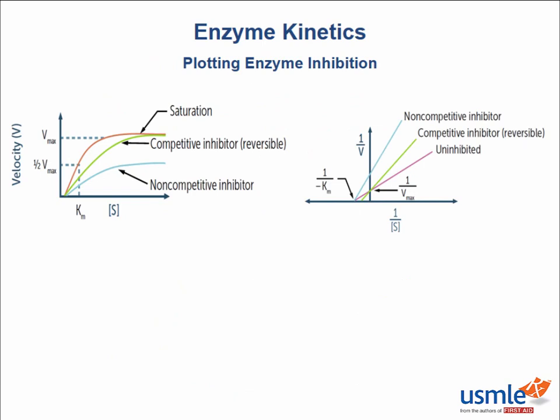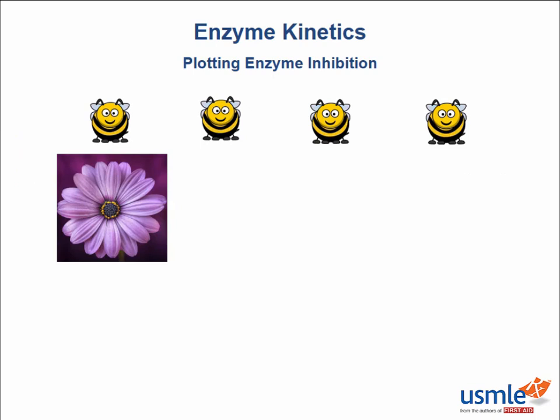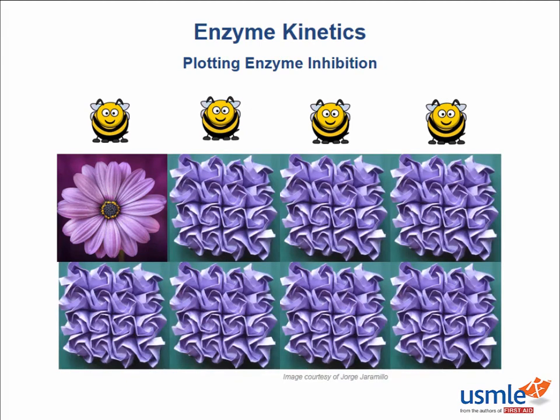Taking a look at our reversible competitive inhibitor first, why does the Km increase but the Vmax remain unchanged? Let's explain this with our analogy. Again, we have our enzyme bees and our substrate flowers. Our competitive inhibitors in this story will be a bunch of fake flowers or origami flowers.